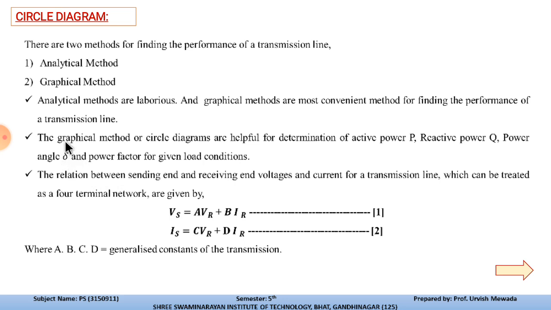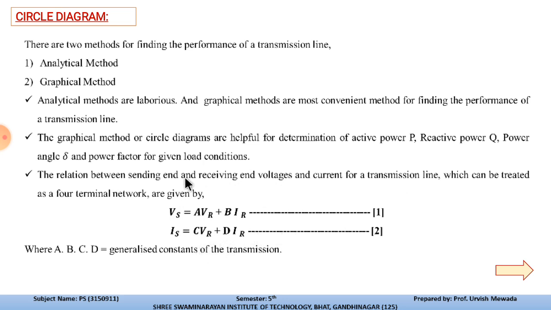We need to maintain this power angle delta to maintain the sending end and receiving end ratio. Now the relation between sending end and receiving end voltage, that we already derived from the ABCD parameters. Vs, the sending end voltage, is A into VR plus B into IR, and the sending end current IS is equal to C into VR plus D into IR.